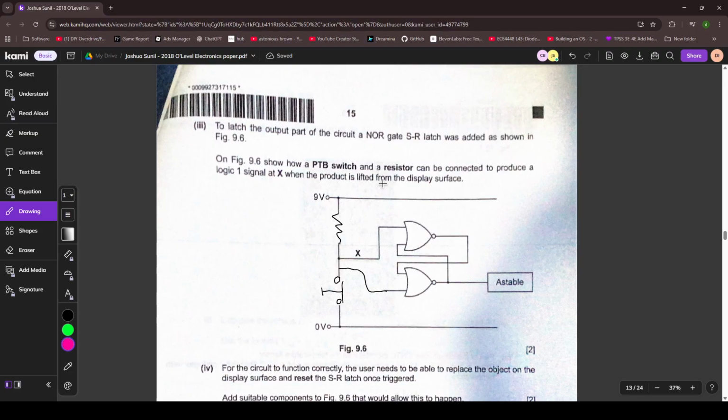Okay, so when the switch is normally closed, what happens is, wait, won't the current just flow through? Wait, what? This is definitely wrong. Okay, when the switch is normally closed, the current will go through this resistor, right?